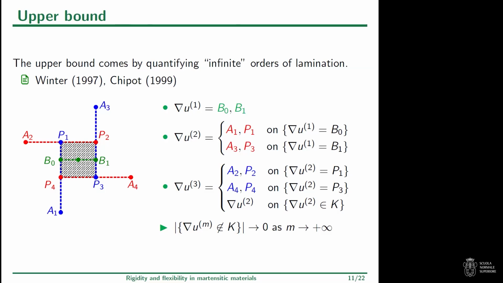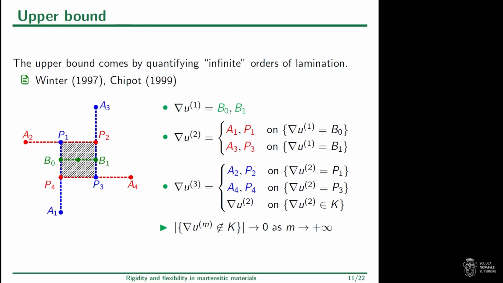I use again these two matrices, and I continue in this way. But when I use first these two matrices, I was in one part of the domain. Then this part is kept fixed, and then this P2 is replaced by this lamination.